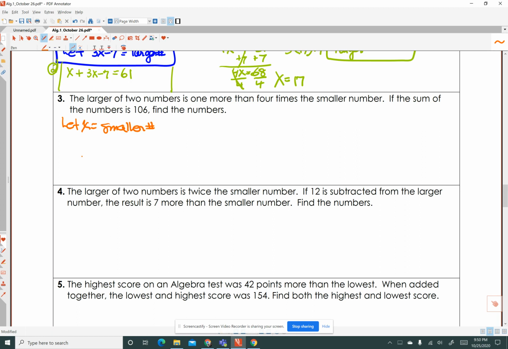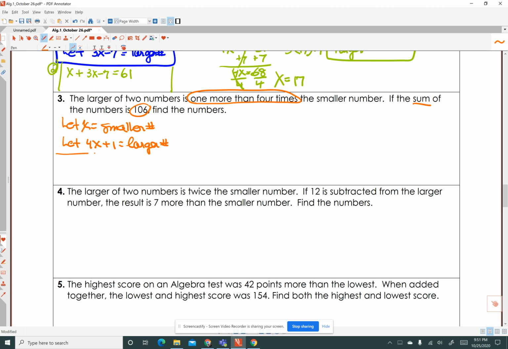And we're going to let 4 times, 1 more than 4 times, okay, so we're going to let 4x plus 1 equal the larger number. Okay, and together the sum is 106.